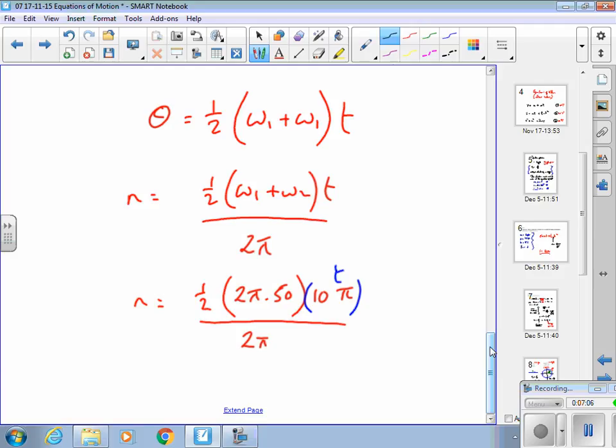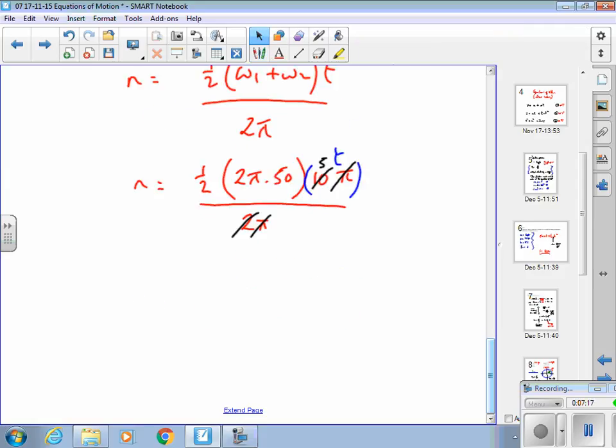Note that pi's cancel here. 2 goes into 2 once, 2 goes into 10 5 times. So we've got 5 times a half, 5 halves of 2 times 50 is 100 pi. That's what it comes out to be.